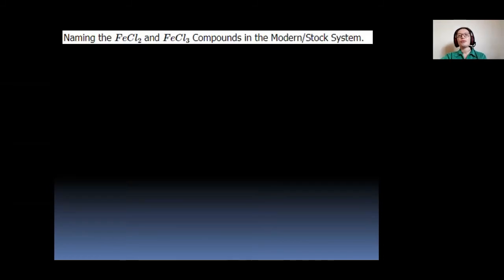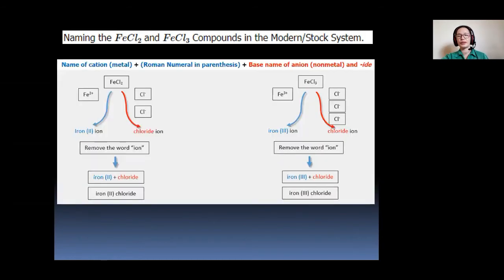Okay? So if you are to write the stock names of FeCl2 and FeCl3, consider that iron has two oxidation numbers, positive 2 and positive 3. How are we going to name the compound if it makes use of the lower oxidation number, which is 2, or the higher oxidation number, which is 3?